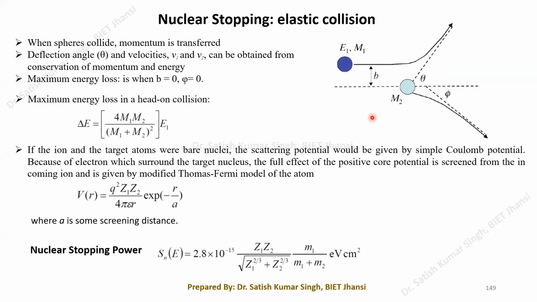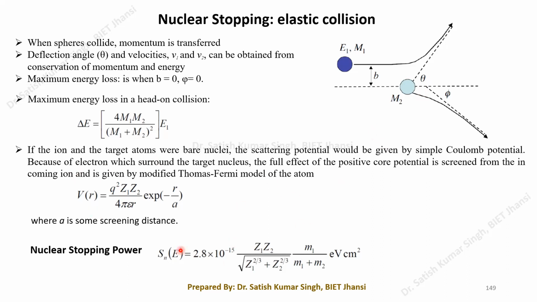We have to take that into consideration, and the scattering potential will be given by this particular equation, where Z1 is the atomic number of the ion and Z2 is the atomic number of our atom. This way we can calculate the scattering potential, and further we can calculate the nuclear stopping power.